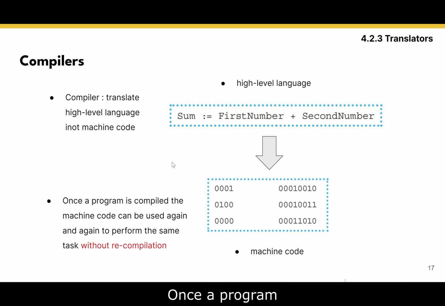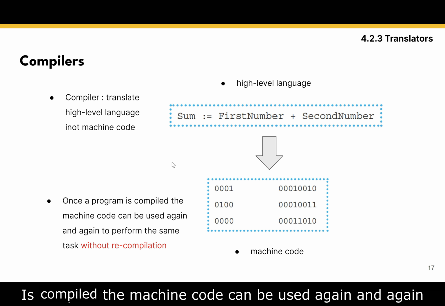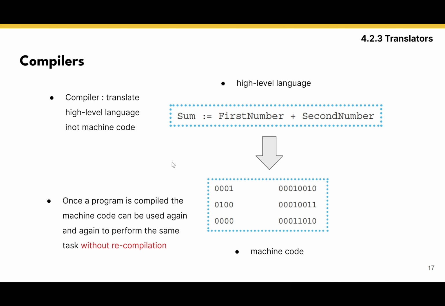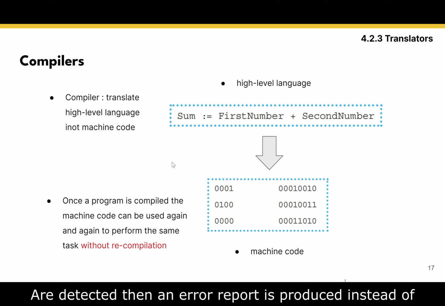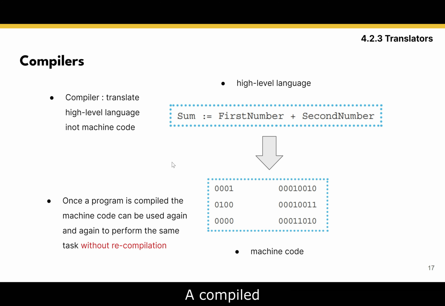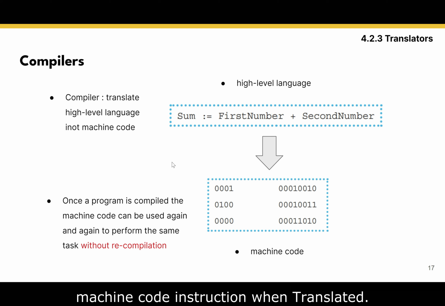Once a program is compiled, the machine code can be used again and again to perform the same task without recompilation. If errors are detected, then an error report is produced instead of a compiled program. The high-level program statement becomes the following machine code instruction when translated.